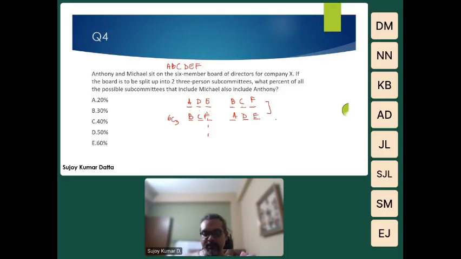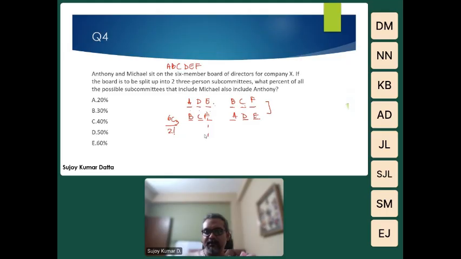Don't you think these two are the same? Because the two groups are identical. So since we are dividing into two equal-numbered groups, your answer will be divided by 2 factorial.